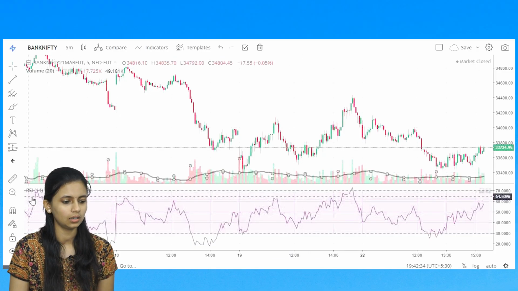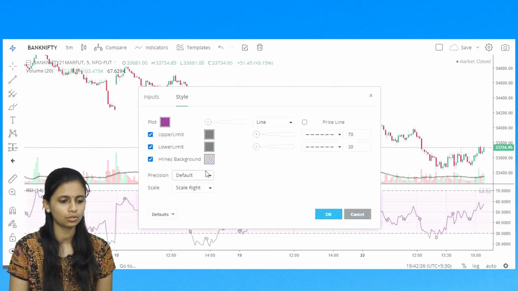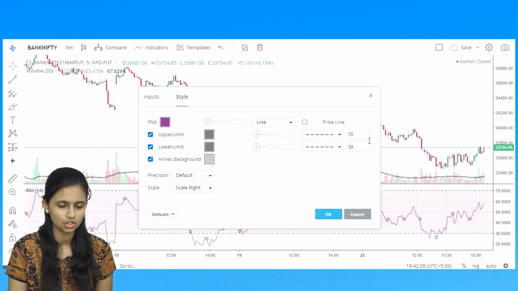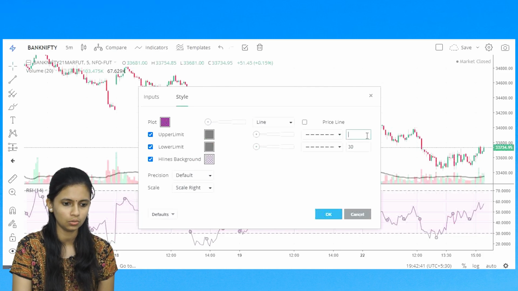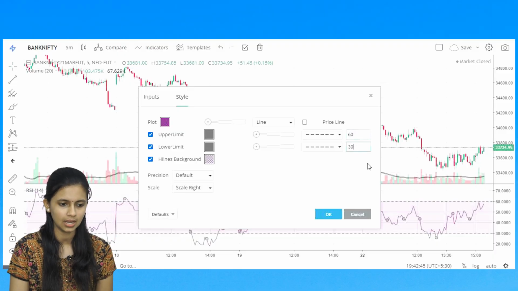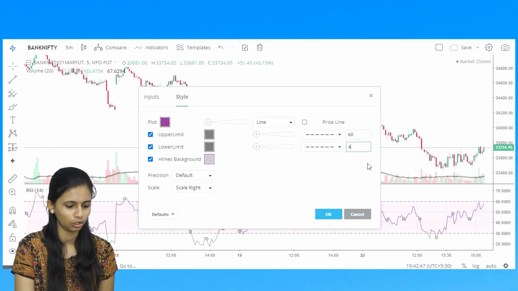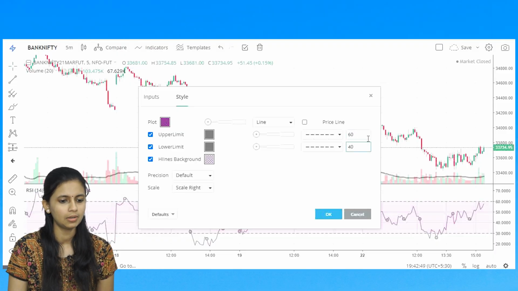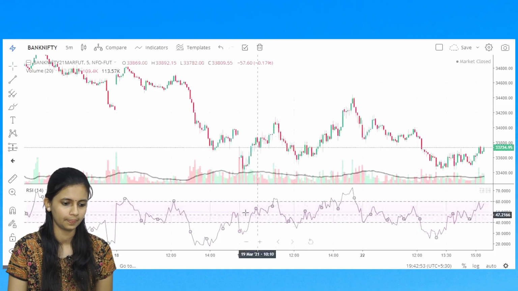Next, in the RSI indicator you have to go to settings and change this from 70 to 60. That is, the upper limit should be 60 and the lower limit should be 40, and then click OK.